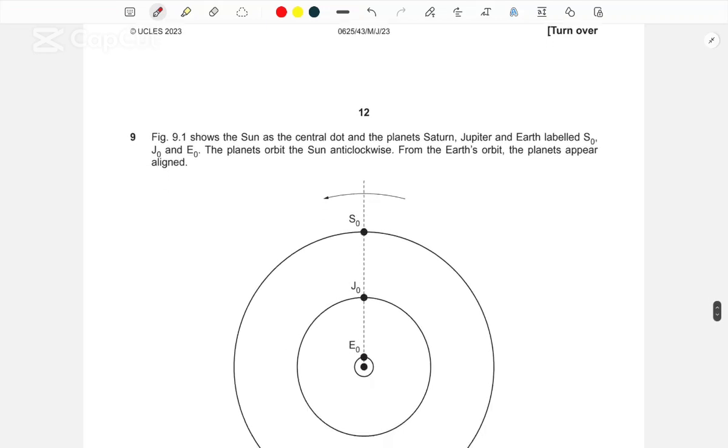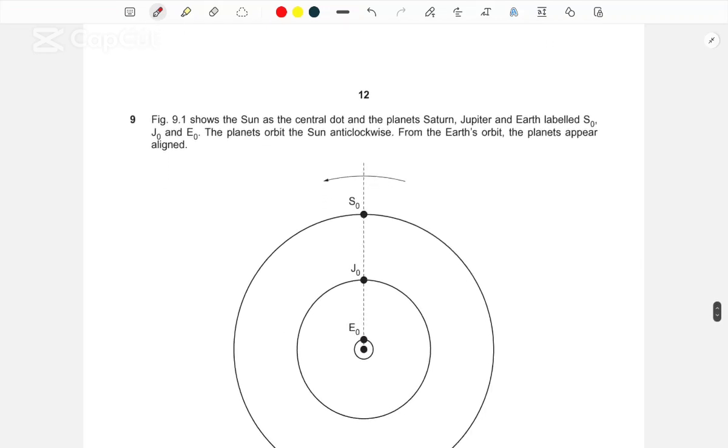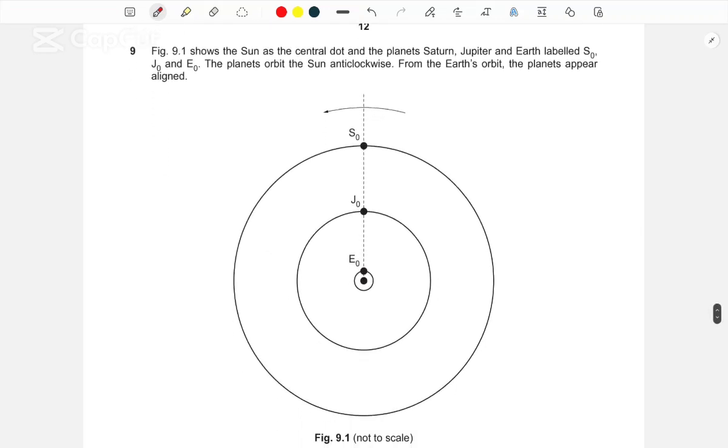So question number 9. Figure 9.1 shows the Sun as the central dot and the planets Saturn, Jupiter, Earth labeled. So we have Saturn, Jupiter, and Earth labeled SO, JO, and EO. The planets orbit the Sun anticlockwise. From the Earth's orbit, the planets appear aligned.